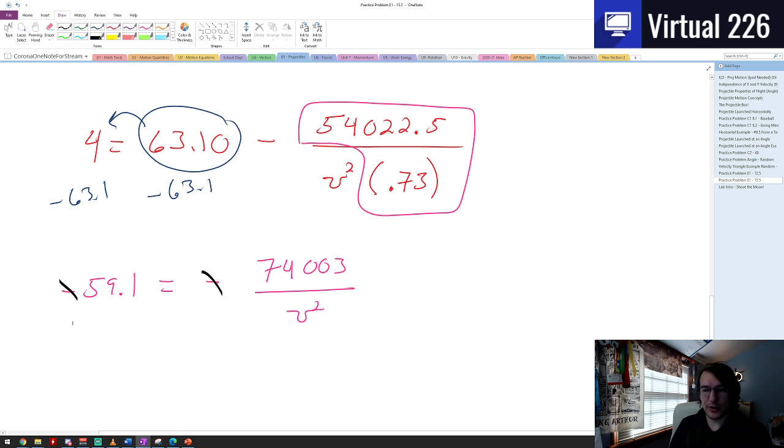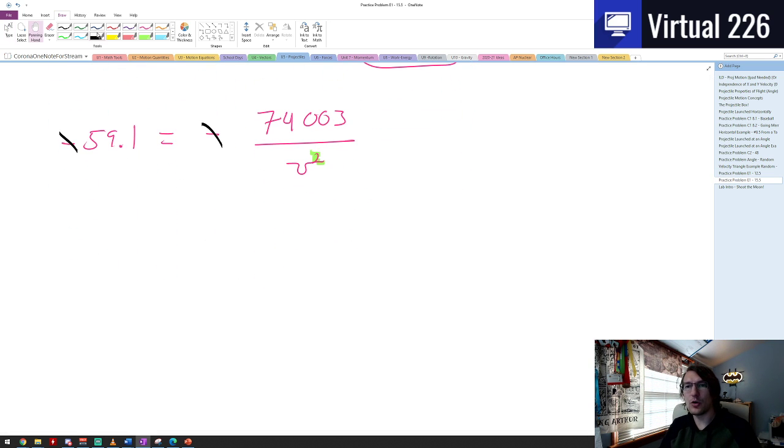The negatives are going to divide out, they're going to go away, which is very nice, because if they didn't, then if I ended up having to take a square root because of the square here, I can't take the square root of a negative. It gives me an imaginary number. I don't want that. So how would this work? Well, I need to bring the v squared over to the numerator on the left side and the 59.1 underneath.